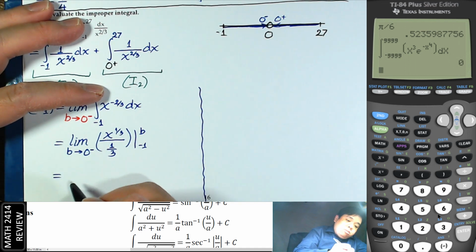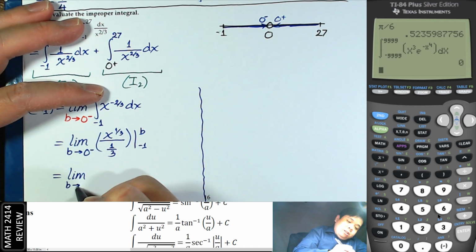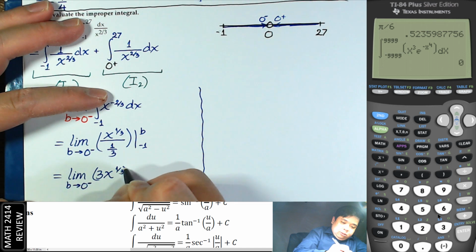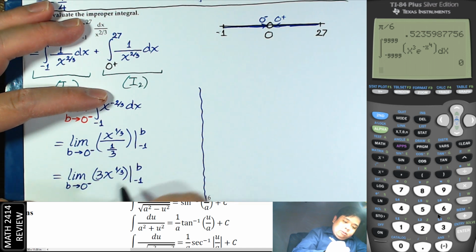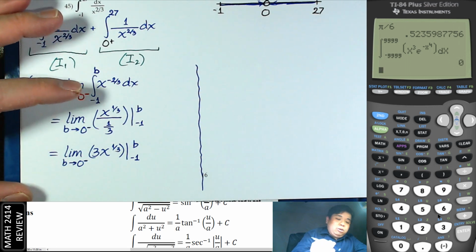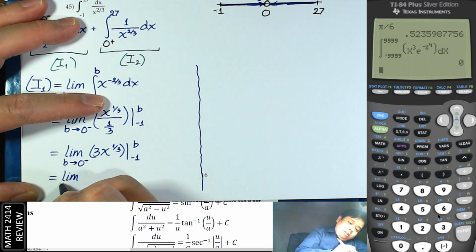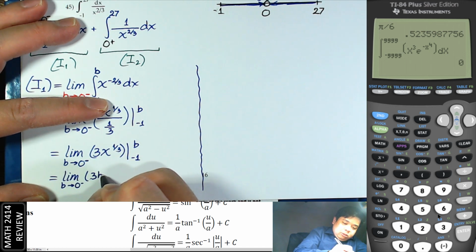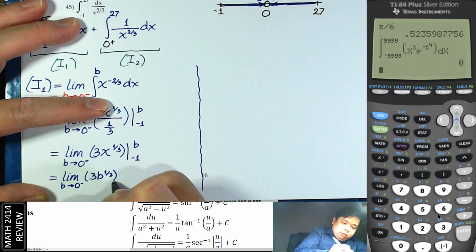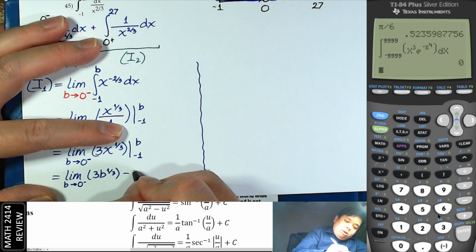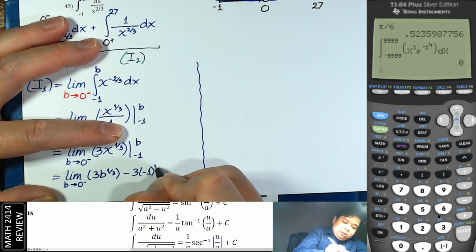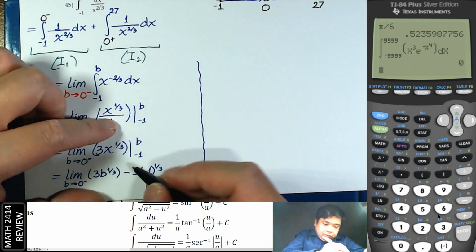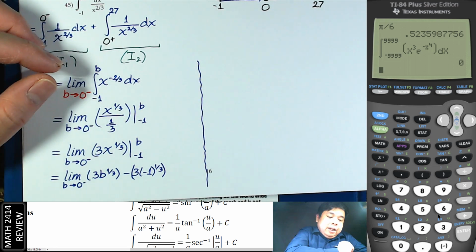Right, divide by 1/3 is multiplied by 3. I substitute b in and substitute -1 in.